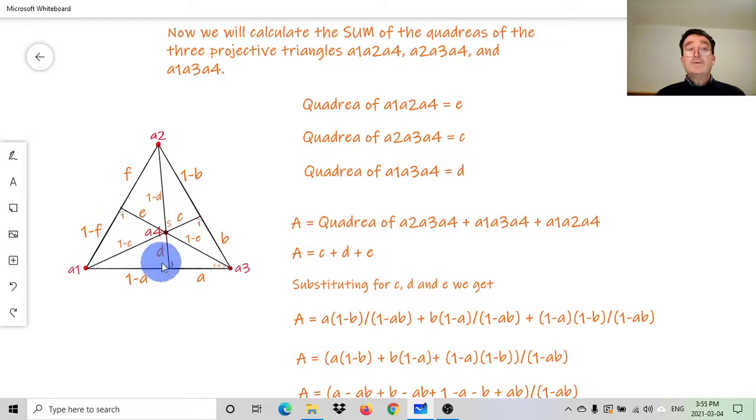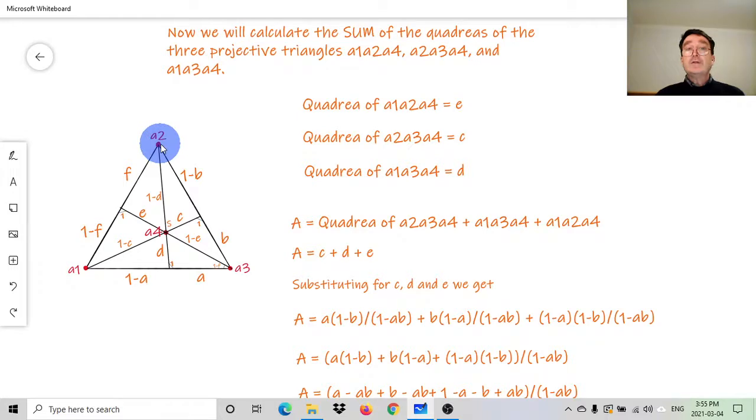So the quadria of A1, A2, A4 is the base. There's a formula that says it's the base, the quadrance between A1 and A2, times the altitude E. The quadrance between A1 and A2 is 1, and so the quadria of A1, A2, A4 is equal to E.